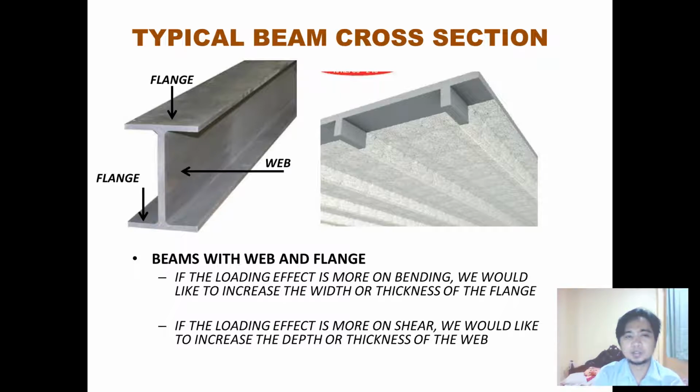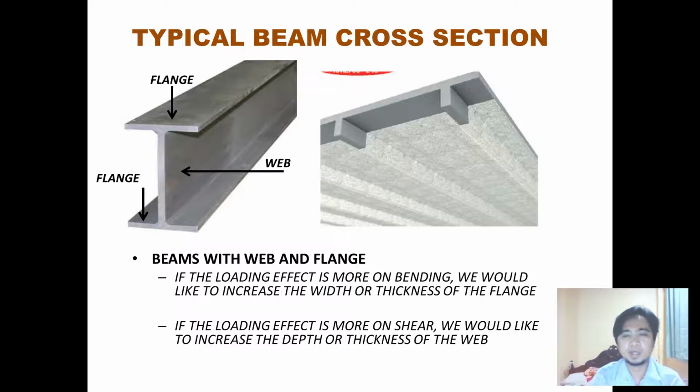Flange refers to the outer member that carries more of the bending. So that is the function of the flange, as we can see here in the photo. That is what we call the flanges of a wide flange. And then for the web, the function of the web is to resist the shear forces of the beam.